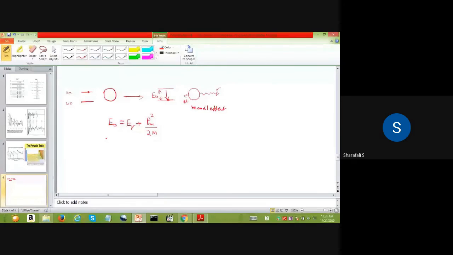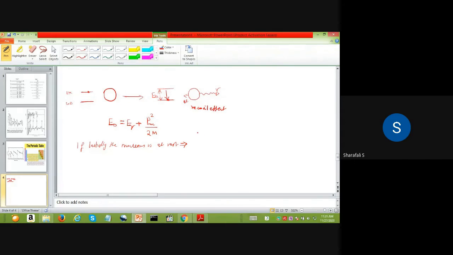Now, if you consider the radiation's momentum, let's say initially the nucleus is at rest. That implies that momentum should be conserved.